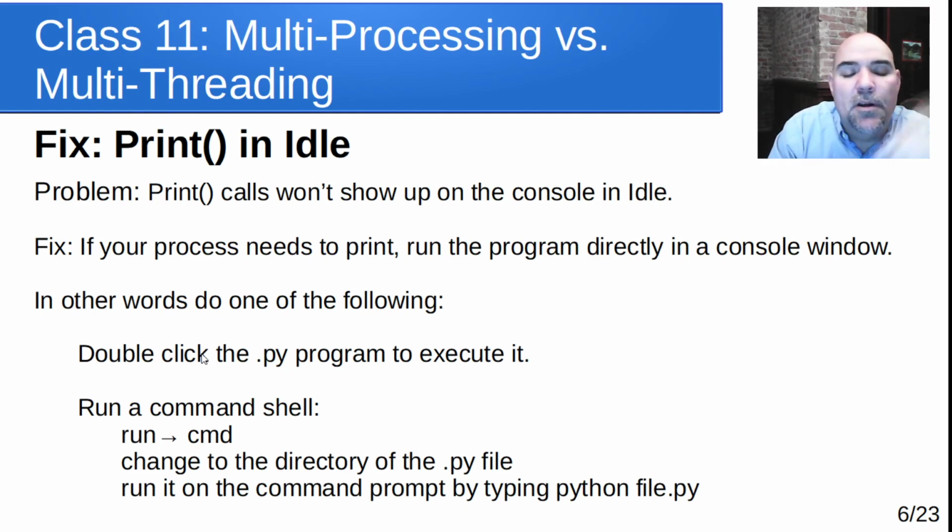Or I don't think this is a problem if you're using another IDE other than IDLE. So if you're using PyCharm, I think it'll work fine without having to do this. But you can still double-click the .py program to execute it, or you can run a command shell by going to run command, make sure you're in the directory where your py file is, and then you can just type python, whatever the name of the file is, .py, and run it.